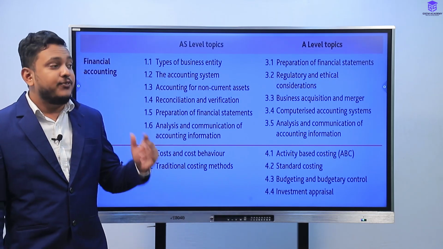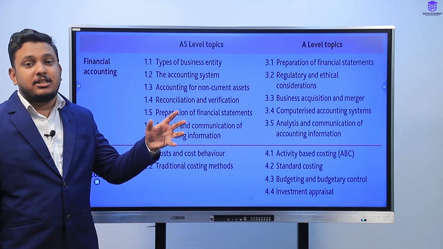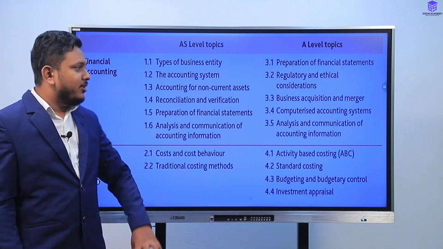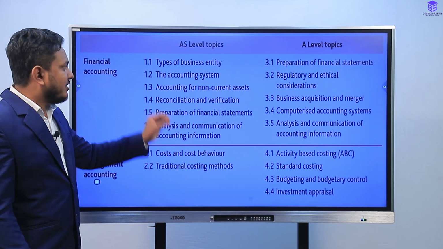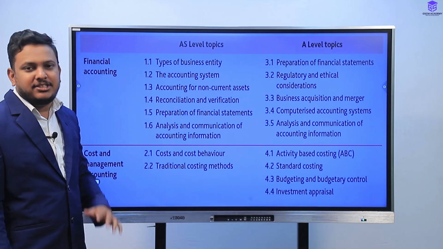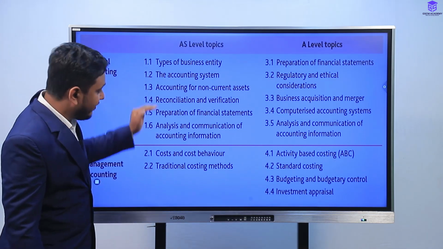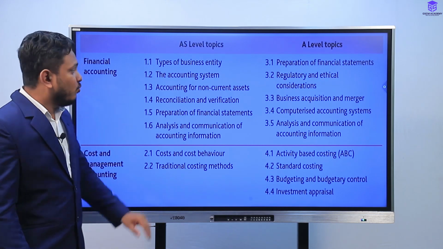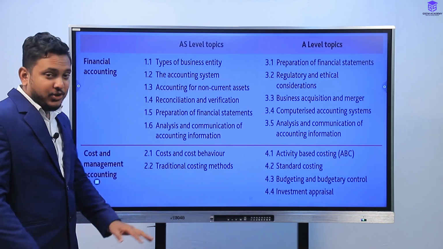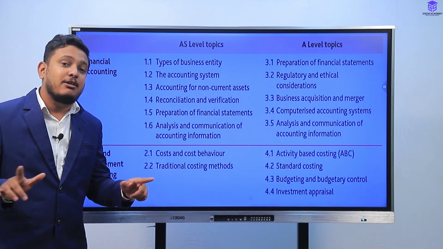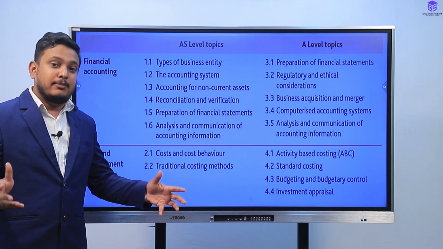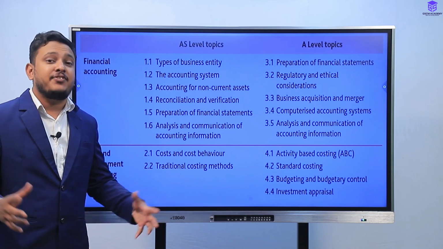If you want to go further and get the international advanced level qualification, you have to do something more, right? As shown in this slide, in the accounting subject, there are certain topics that come under AS level. Once you complete these topics, you are done with AS level accounting, and you will be able to get the AS qualification, the AS certificate.